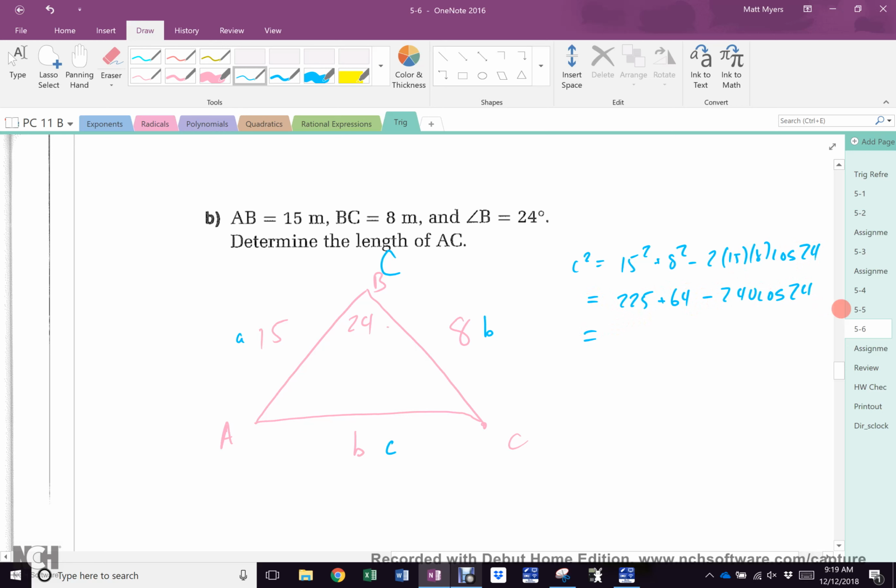And then you square root the whole thing to get 225 plus 64 minus 2 times, not 2, you doofus, 240 cos 24, close brackets, equals, second square root, second answer, close brackets, equals 8.35.